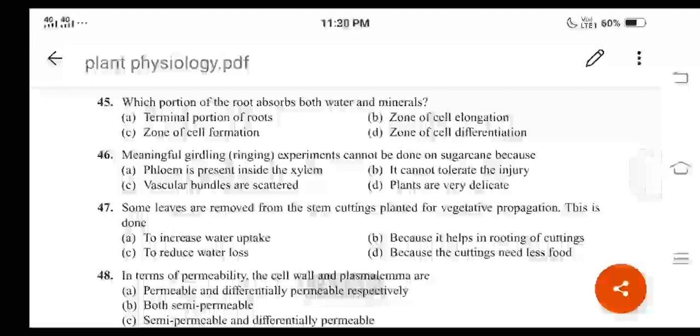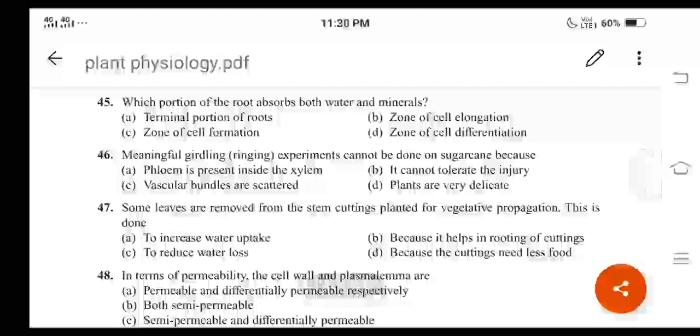According to the question, meaningful girdling or ringing experiments cannot be done on sugarcane because, girdling means the removal of the bark from the plant stem, which is called ringing. It is done to understand the movement of food material through the phloem tissue. This is not possible in sugarcane because sugarcane is a monocot plant.